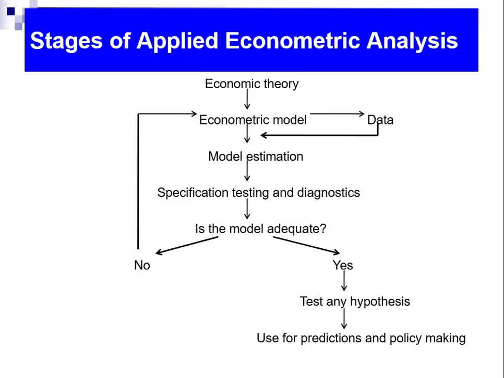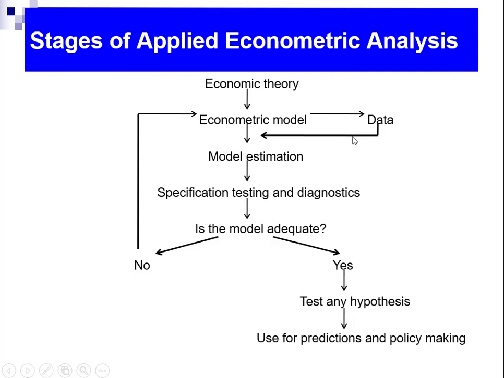Here in the flow chart, they give the methodology of the econometrics. Always, as we say, starting with theory or hypothesis. Then second step, we build the econometric model, and we obtain the data.